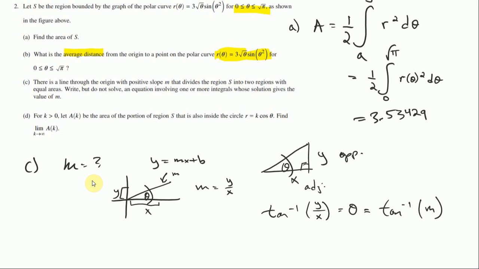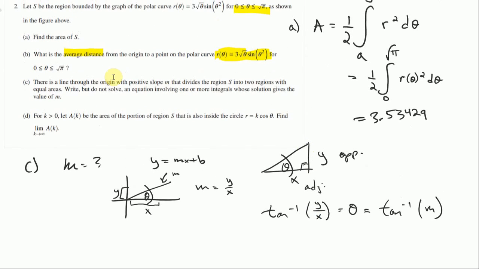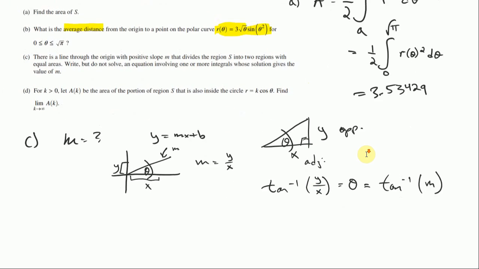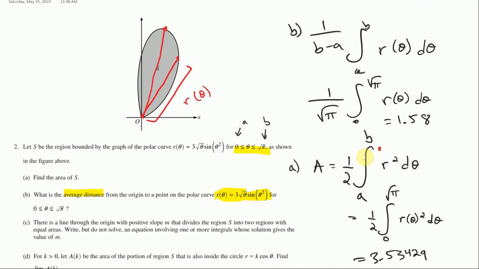So we're trying to find m, right? But they just want some integral things. So I think we can use just tan inverse of m there, right? So if we're looking at our S region over here, and say we're going from 0 to rad pi, we're not just going to divide rad pi by 2, of course.